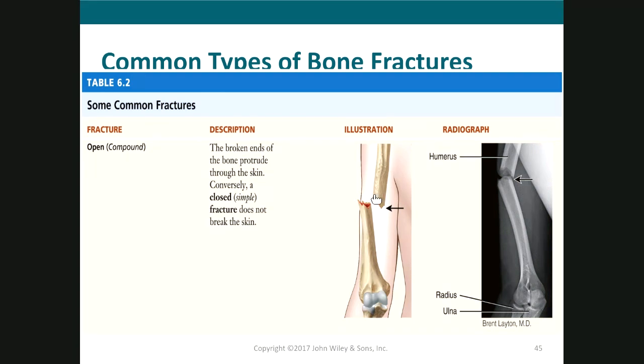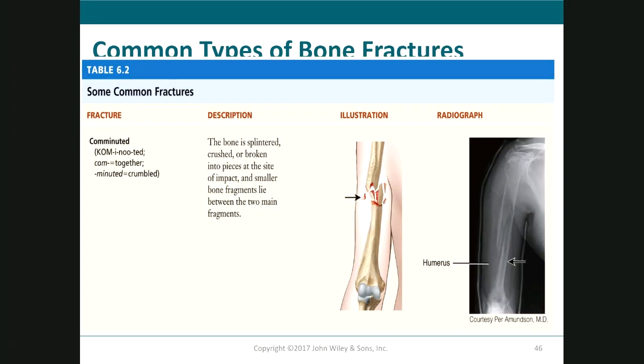So let's look at these. The open fracture, the bone actually protrudes through the skin, whereas the opposite would be a closed fracture, where it does not exit the skin. You can see this example on the x-ray. Comminuted fracture, the bone is splintered into small pieces, and this will require surgery. You can see how it would look on an x-ray.